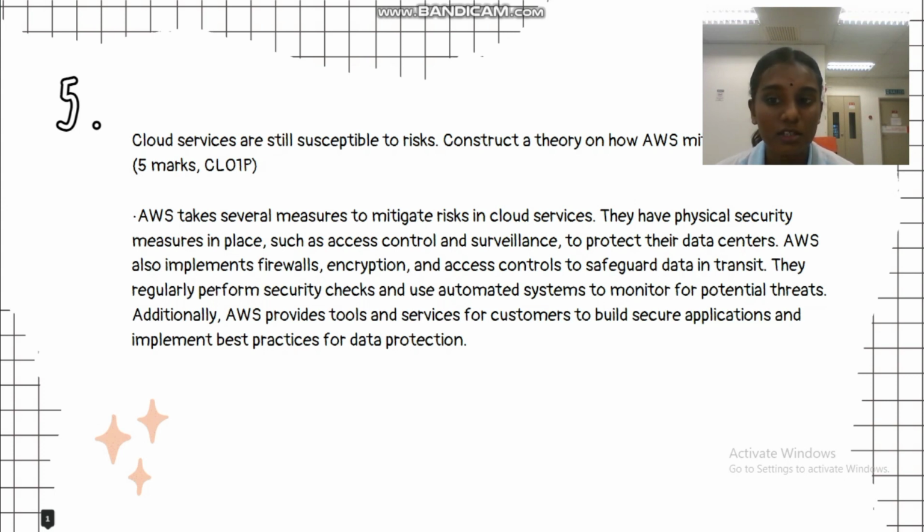AWS also implements firewalls, encryption, and access controls to safeguard data in transit. They regularly perform security checks and use automated systems to monitor for potential threats. Additionally, AWS provides tools and services for customers to build secure applications and implement best practices for data protection.